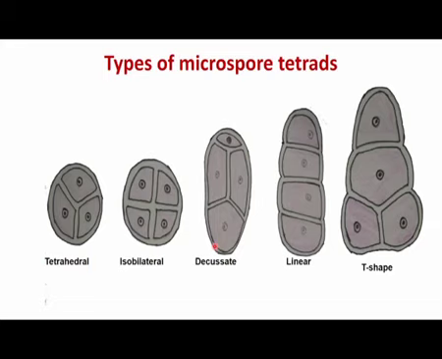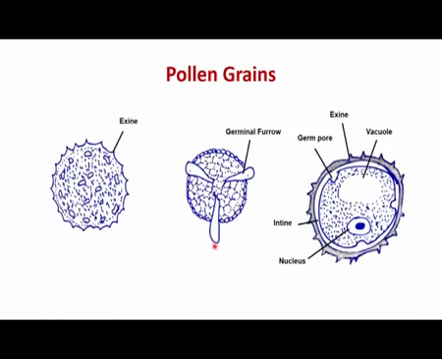One question that comes up is, what is the structure of a microspore or pollen grain? Microspores or pollen grains are haploid, uninucleate, minute spores produced in large numbers as a result of meiosis in microspore mother cells inside the microsporangia or pollen sac.